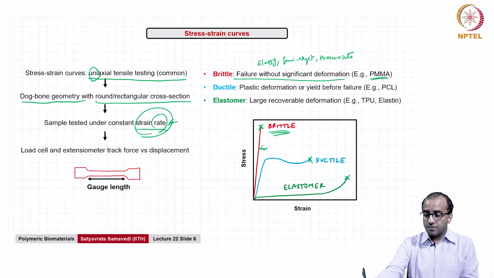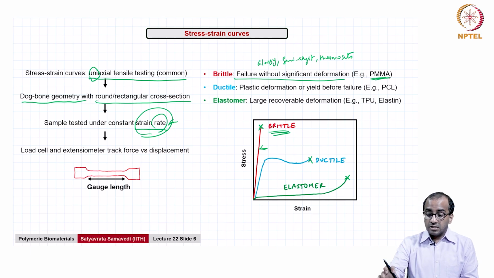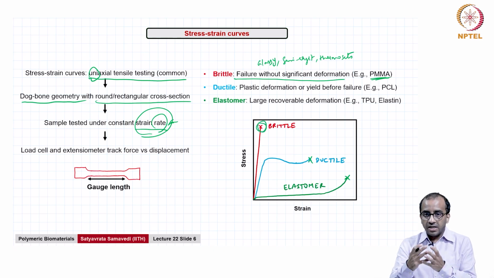And one example of that is polymethyl methacrylate, which we have seen earlier, which is typically used for hard contact lenses or bone cement. These brittle materials will also undergo catastrophic failure. They will crack, and the crack will quickly propagate, leading to failure.